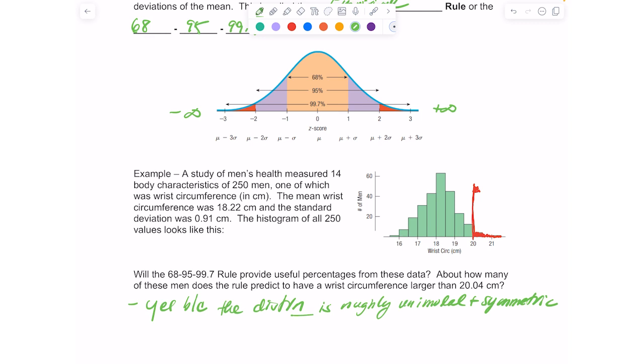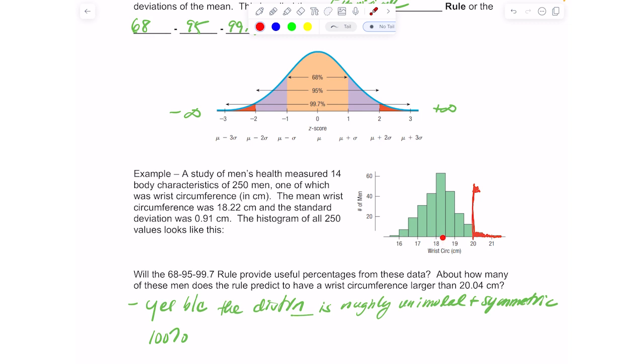In order to do that, I know the entire curve is 100%. If I can subtract out a piece of that curve, I'll be left with the red part. So how would I do that? Well, if I estimate here, here's the center, which is about where the mean is.